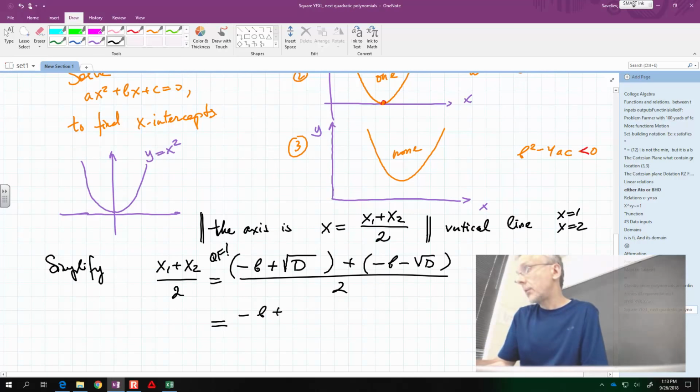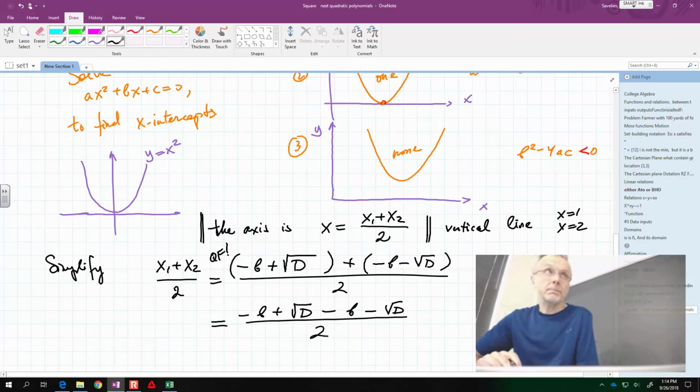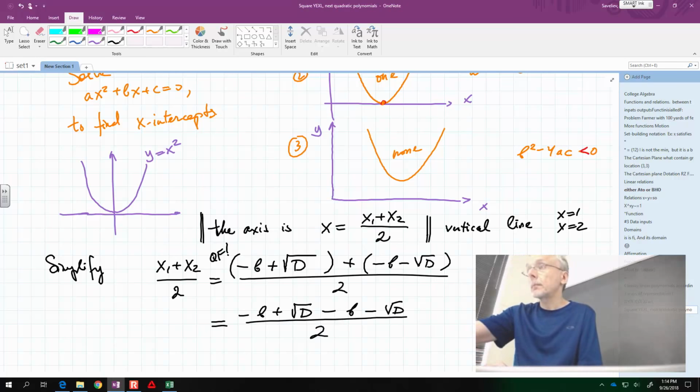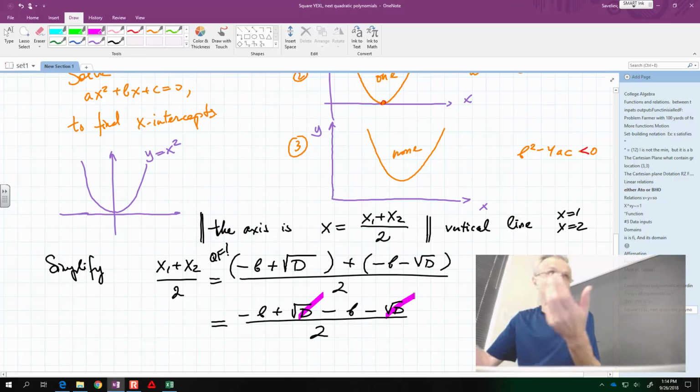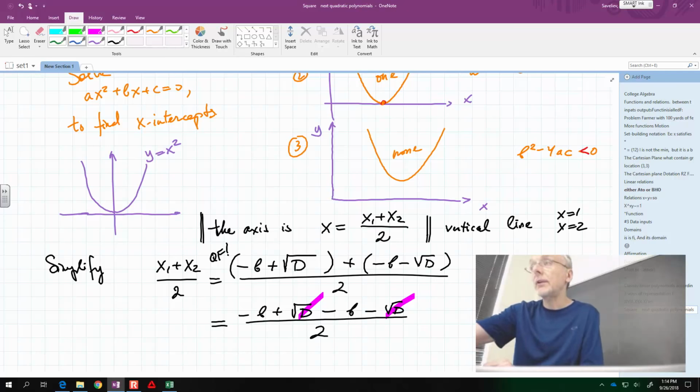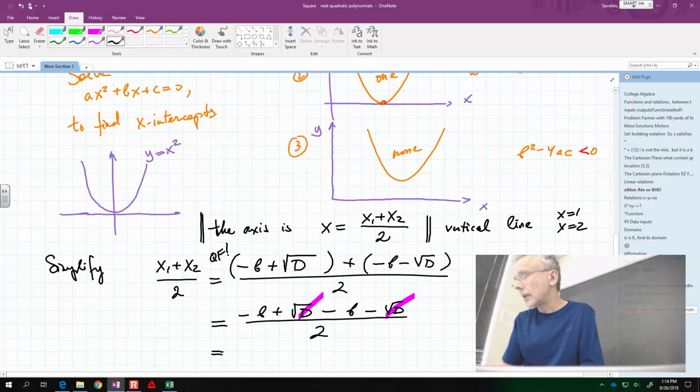Negative b plus square root of d, minus b minus square root of d. So you see what happens? Wouldn't the discriminant be canceled out? It cancels out, so it doesn't matter what it is. Even when it's undefined, it's still canceled out. And then I have... I'm sorry, I've missed an error here already.